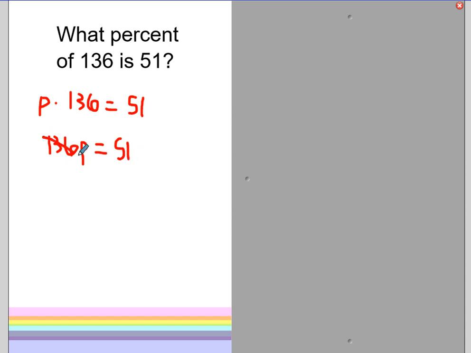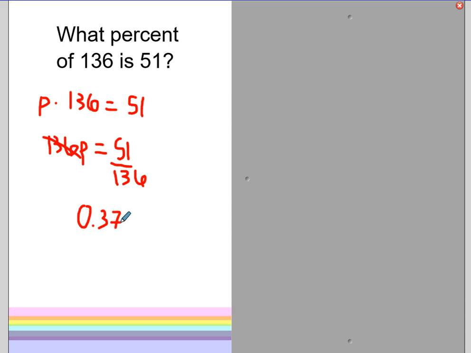So then I would divide by 136, sorry. And then I would do 51 divided by 136, which would be 0.375.